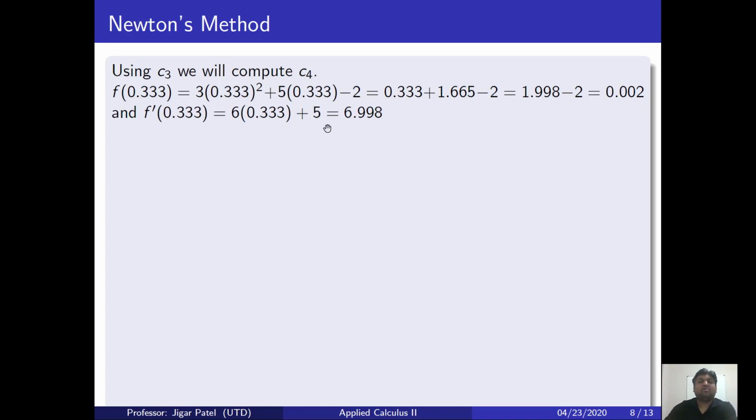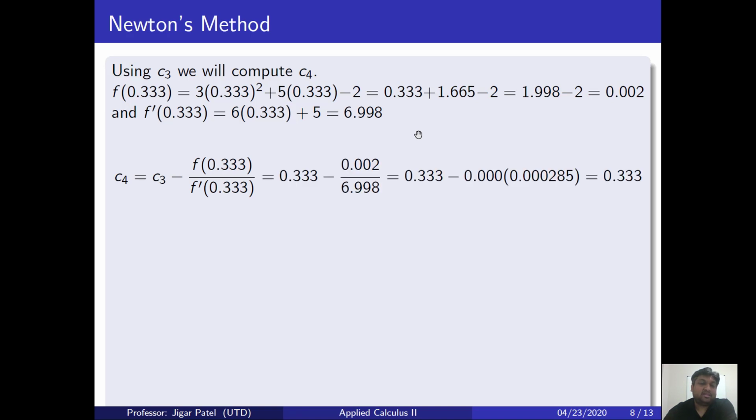I need f prime at 0.333 as well. That's going to be 6.998. Plugging the values into the formula, I get 0.333 minus 0.002 over 6.998. Now 0.002 over 6.998, if you use your calculator, you will get this number.